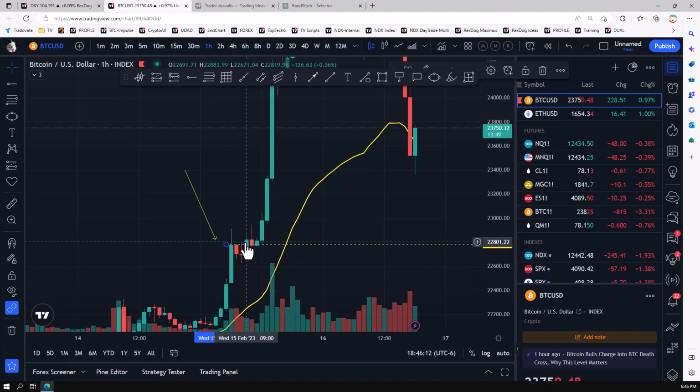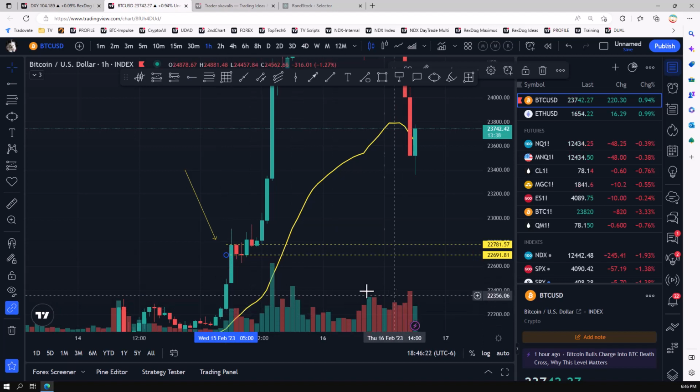Well, this candle here, what did it do? It closed down here at right around 22,691. That candle closed here. This other candle had rejections up and down, and it closed around the same area. But something really important happened here that you should notice if you're reading candle by candle.